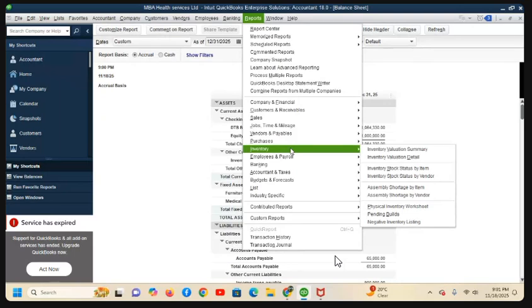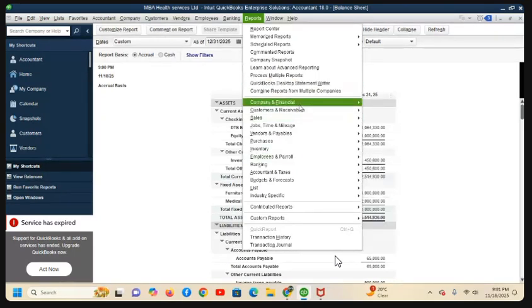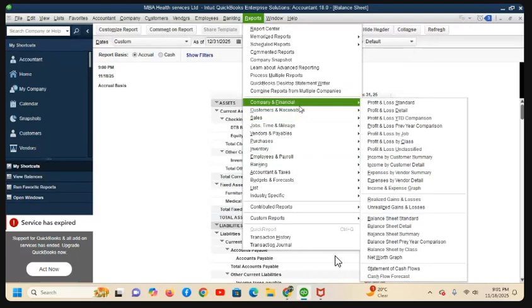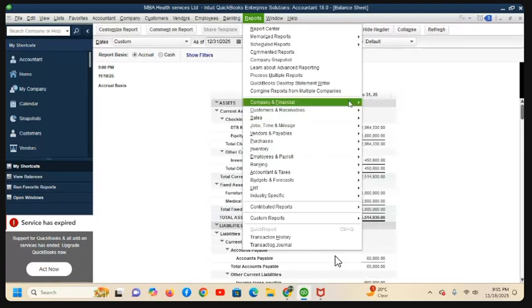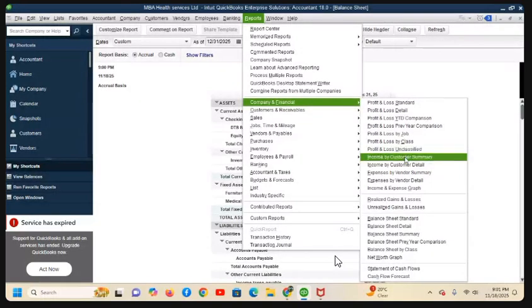We don't have employees. We can even look at the graph financial statement. We can present them in the form of a graph by customer, income and expense graph. You can even get a forecast.